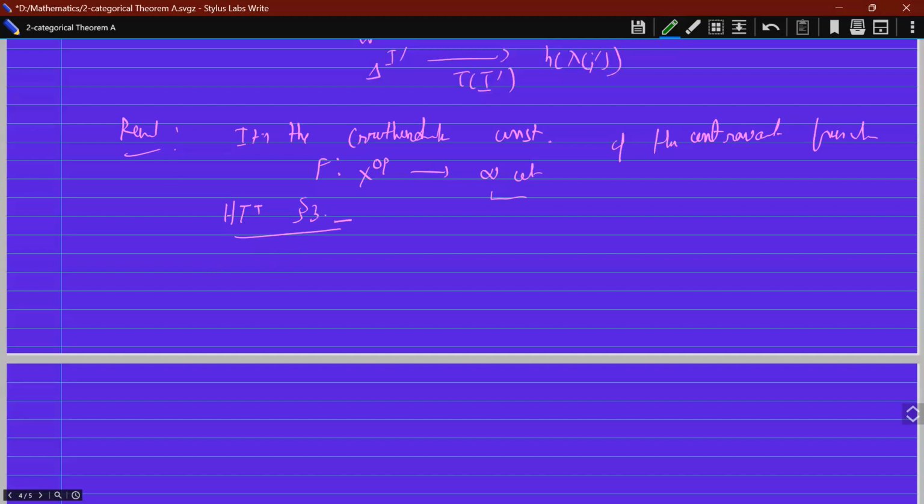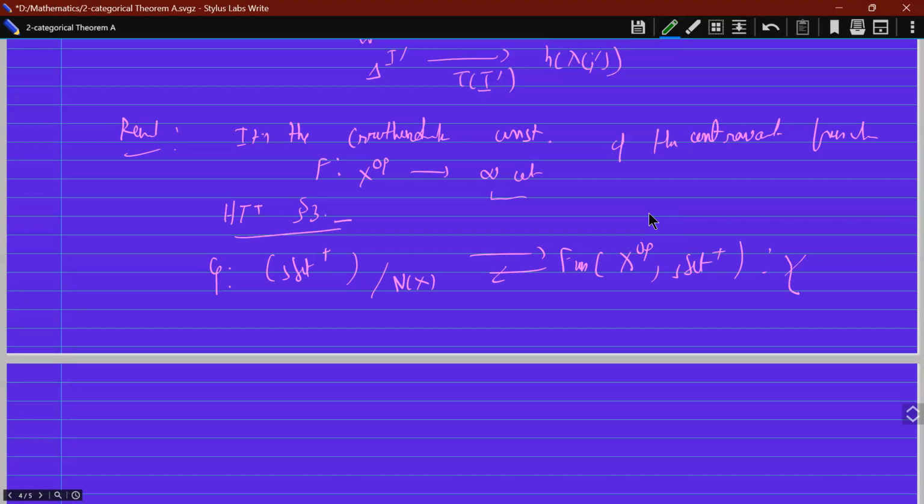Let me write it down first. This is section 3.2 of Higher Topos Theory, I believe. I'm not getting into the details. So we get an equivalence.